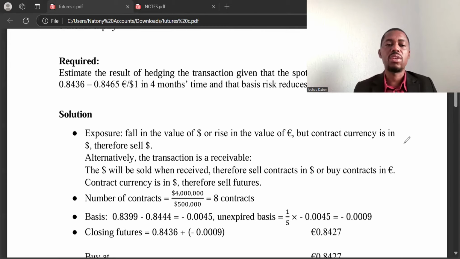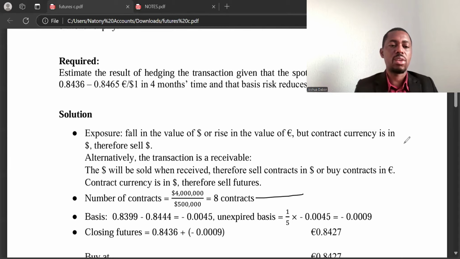So in your examination, most times you'll be using the lock-in rates because your examiner will give you a question that has more than one hedging method. So for you to save time, you are comparing between these hedging methods. So you want to look at the best rates. So you just go straight to using what? The lock-in rates. So in this question, this is a perfect hedge. 8 contracts. There is no decimal points, so it's a perfect hedge.